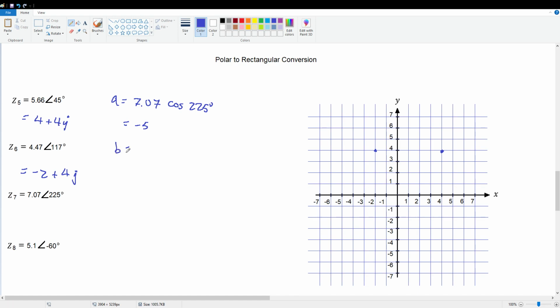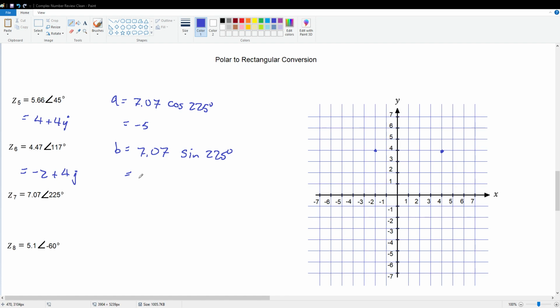All right, B is equal to 7.07 times the sine of 225 degrees. Pulling up our trusty Microsoft calculator, we've got the sine of 225 is negative 0.707 times 7.07 is negative 4.99.